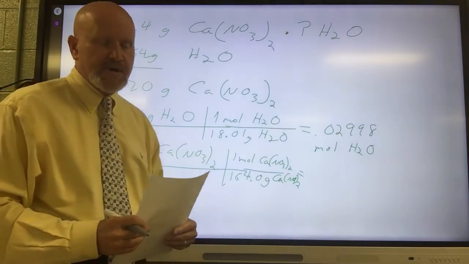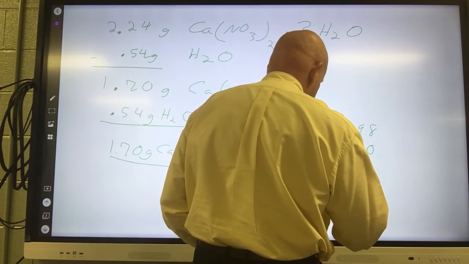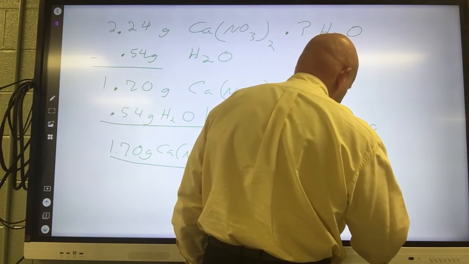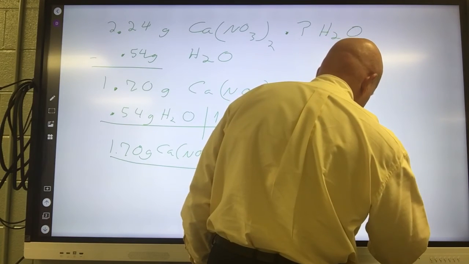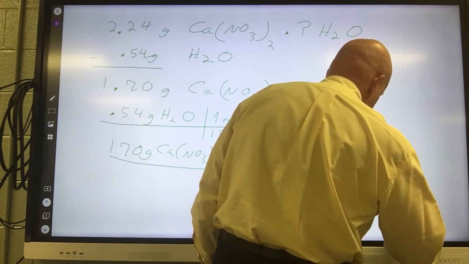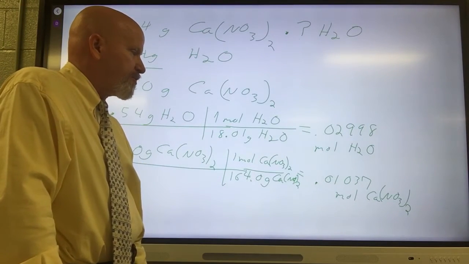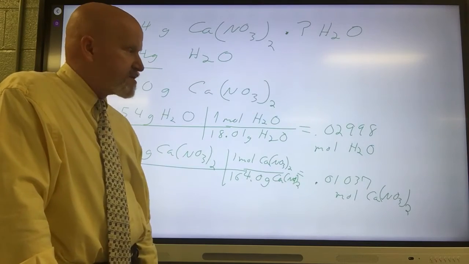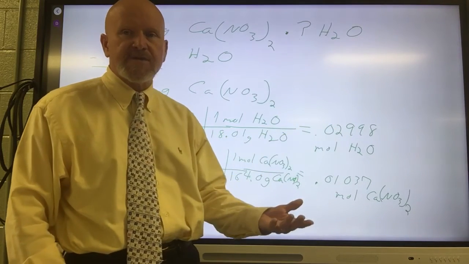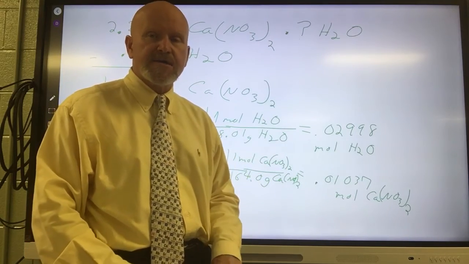If you don't get your formulas right, you're going to have a hard time. And that gave me 0.01037 moles of calcium nitrate. So if you're good with numbers, this is about 0.01, that's about 0.03. You're going to have some error in these things. So it looks like I've got 3 times as many waters as I do calcium nitrate.